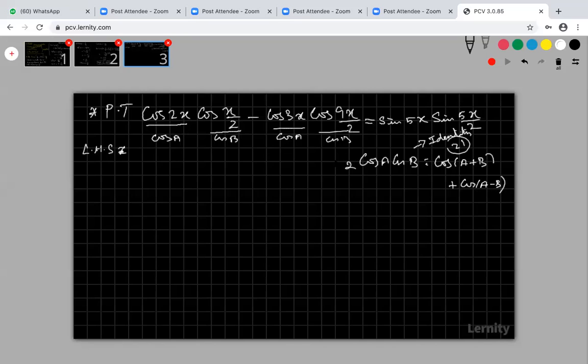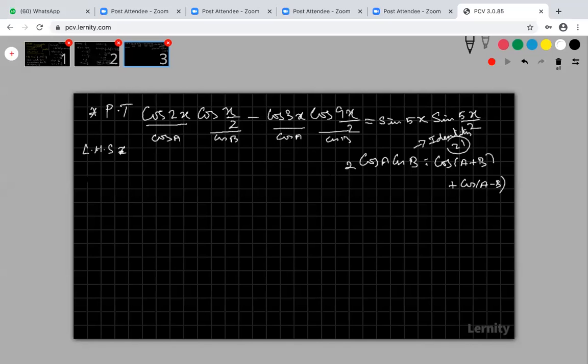But what is missing? The formula is for 2 cos A cos B, but here only cos A cos B is there. You can take it as this is A, this is B, but I need 2, then only I can apply the formula.